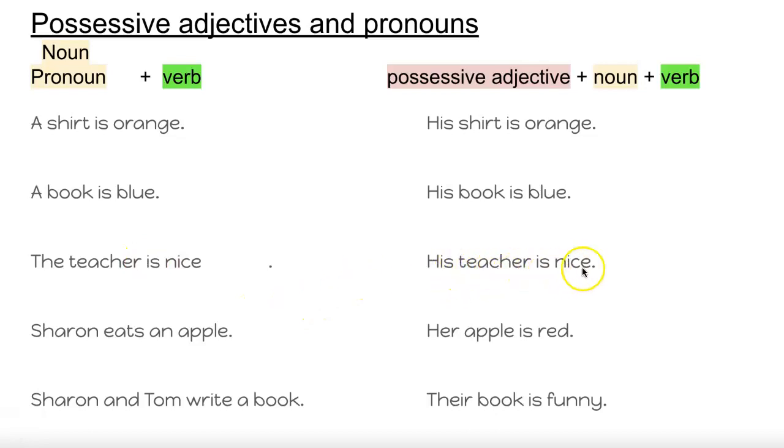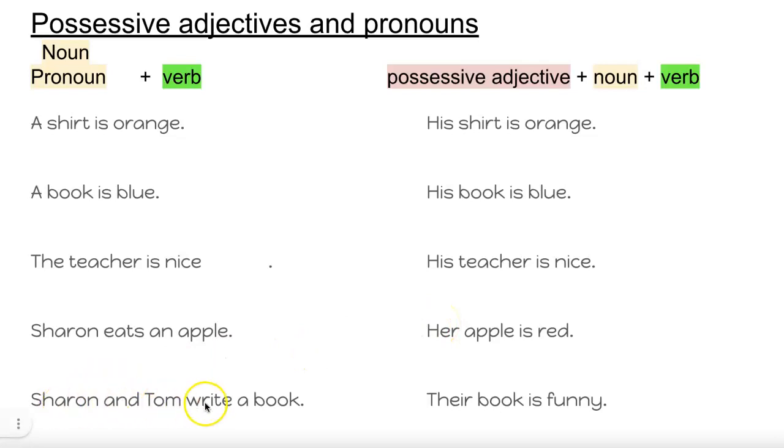His teacher is nice. Noun, verb. Possessive adjective. Sharon eats an apple. Noun, verb. Her apple is red. Noun, verb. Possessive adjective.